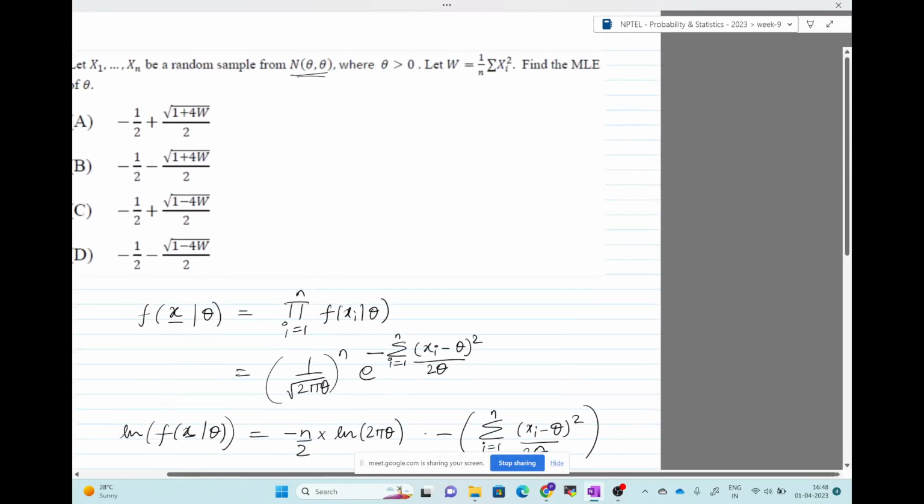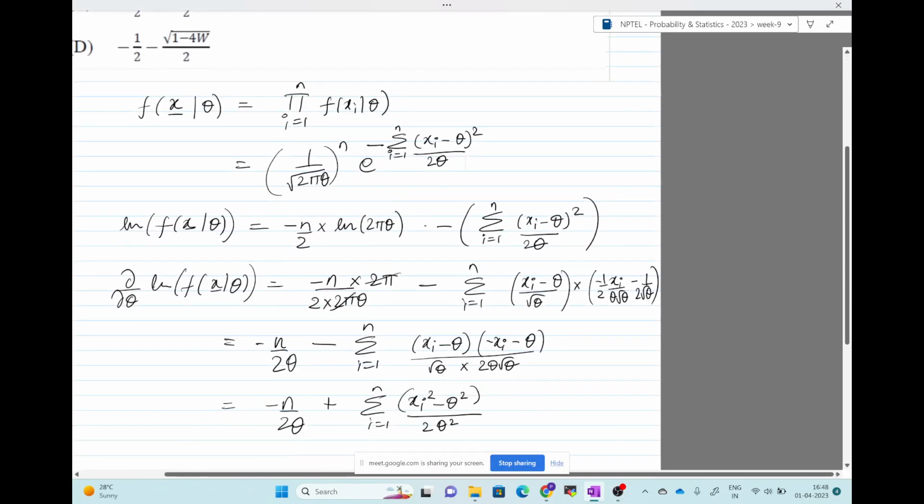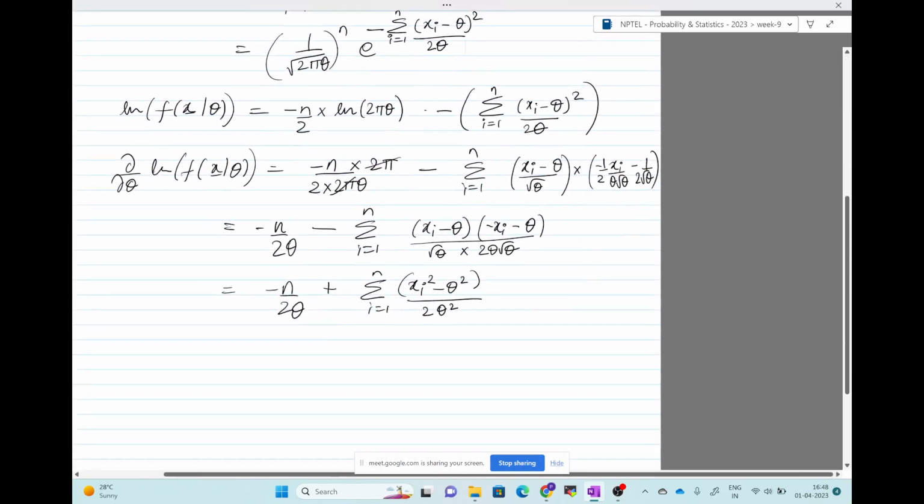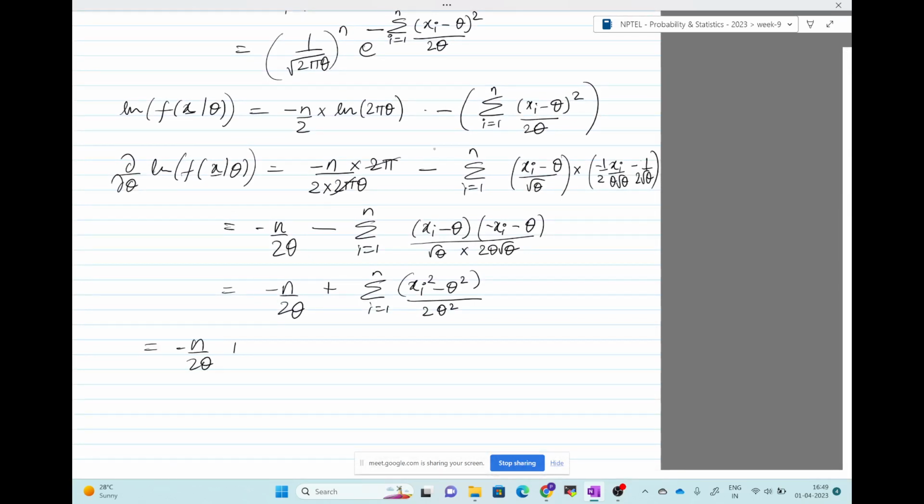So given that summation xi square by n we can take as w, then what do you get? So this summation xi square will be n w minus n theta square divided by.